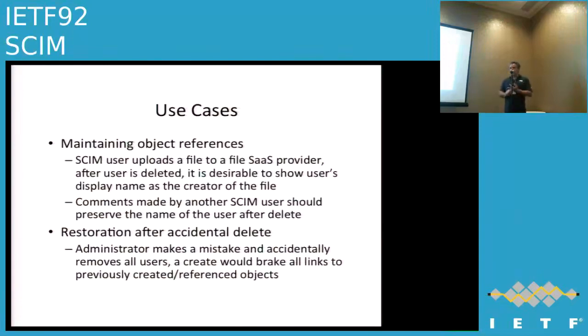There are really two big drivers for this. One of them is essentially referential integrity. We use the ID notion for the references for obvious reasons, and then once the record gets deleted, how do you handle it when Morteza uploaded a file into Box and Morteza is deleted because he's no longer an employee of this company?